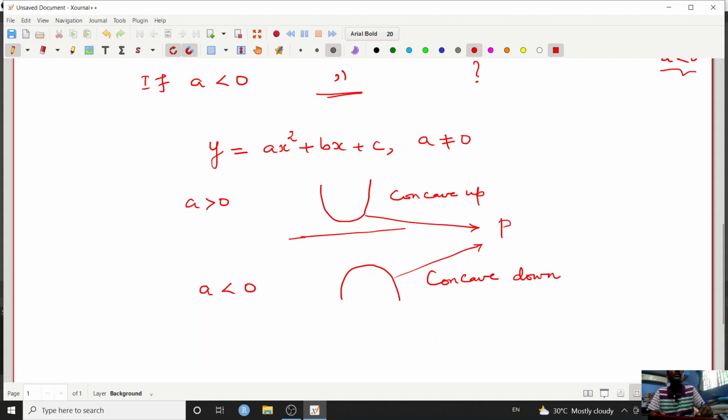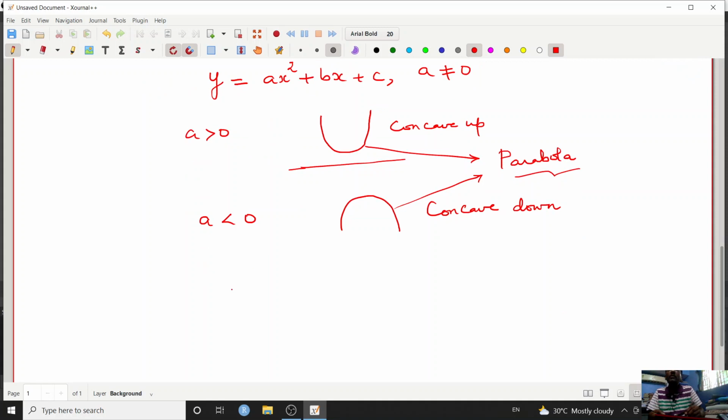Any curve of this form is what is called a parabola. So from this we see that every quadratic polynomial is represented by a parabola diagrammatically.